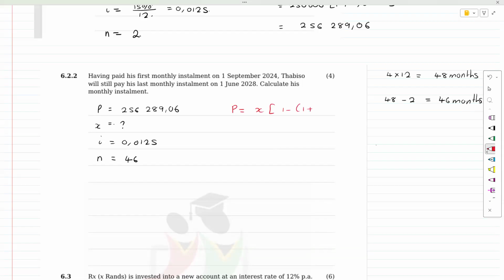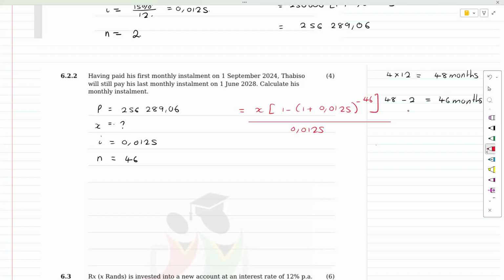So that's X into 1 minus, or 1 plus, 0.0125 to the minus n. Honestly, I did skip the formula, but I'm already over here, so I'm just going to go with it. 0.0125.